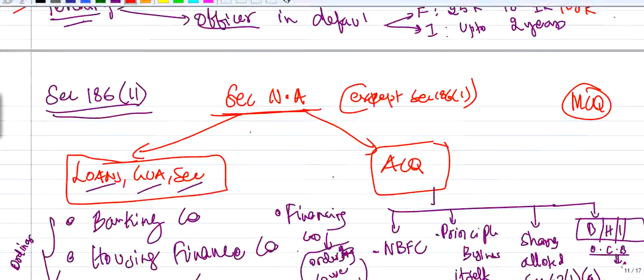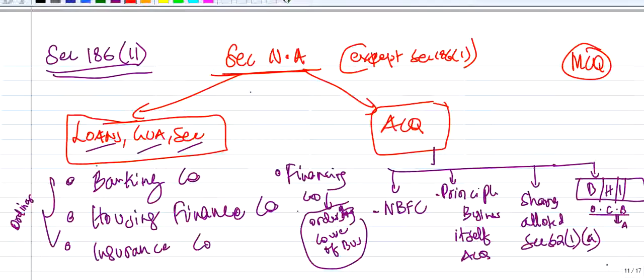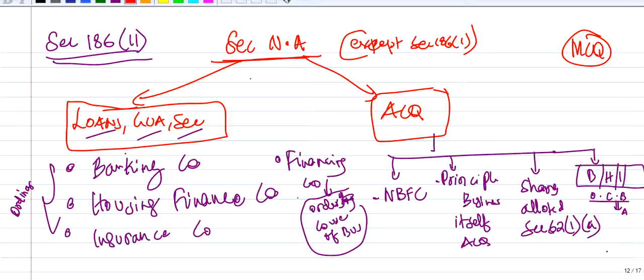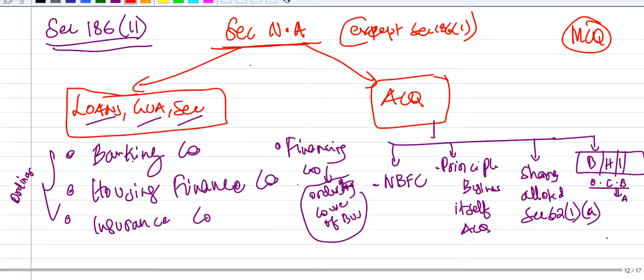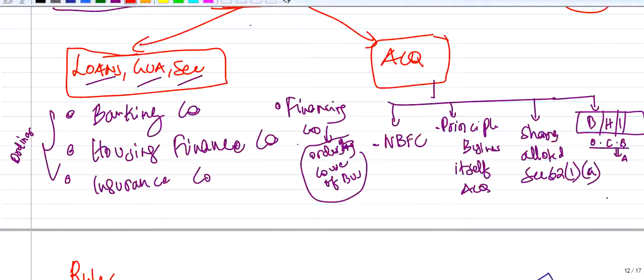11, section not applicable: loans, guarantee, security in case of banking, housing finance, insurance company. Acquisition, NBFC, principal business itself, acquisition of shares allotted for a banking, housing loan, ordinary course of business, for the acquisition also not applicable.